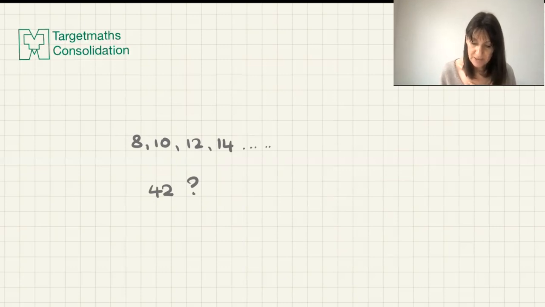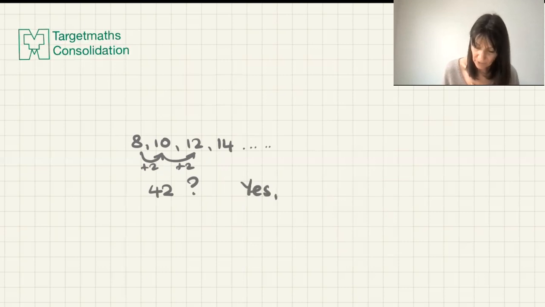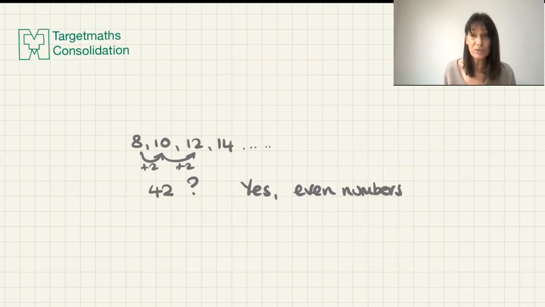Okay, so this sequence is going up 2 every single time, which means it isn't missing any even numbers out. So 42 is even, the sequence is even, yes is the answer because the numbers are even, okay? You could also write, it's going up in twos, so no even numbers are being missed out. Anything along those lines would be absolutely fine.